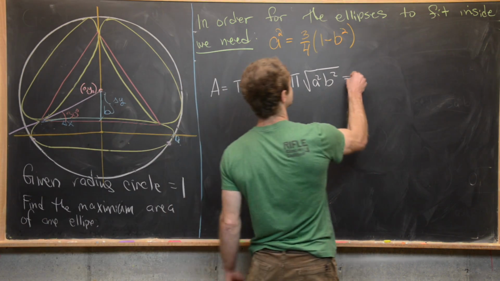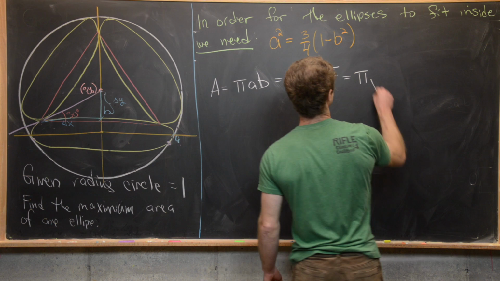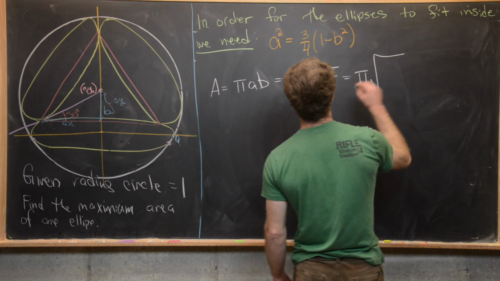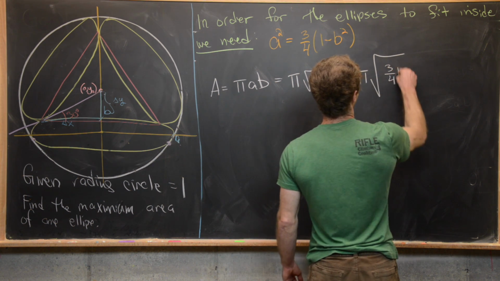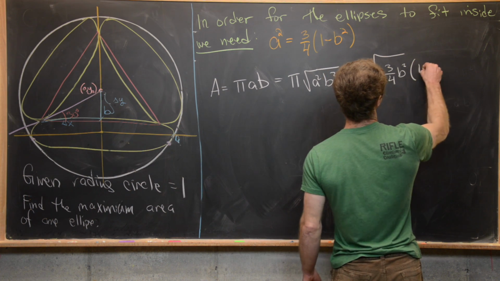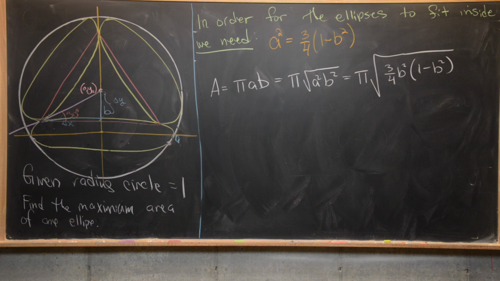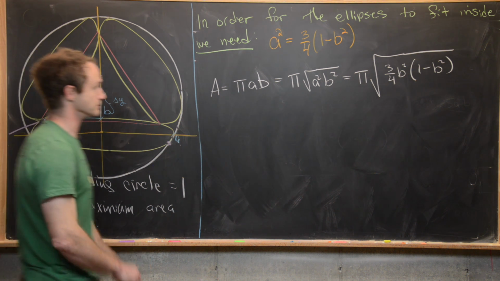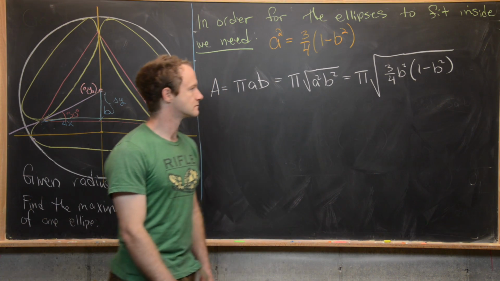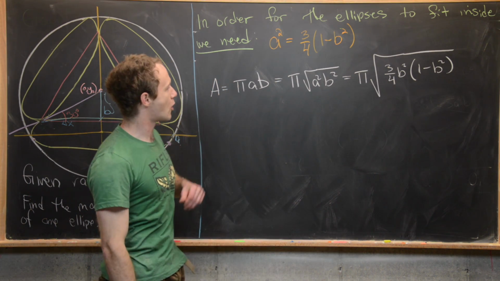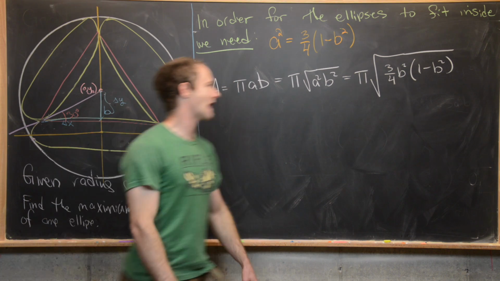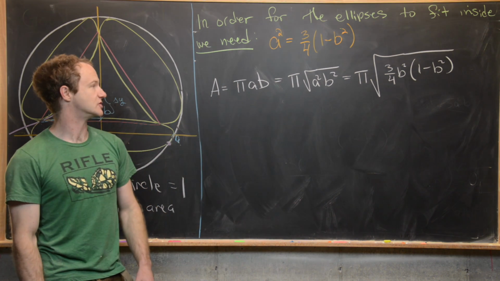So let's see, in our setup, that gives us pi times the square root of 3/4 b squared times (1 minus b squared). So now our goal is to find a b that will maximize this equation.